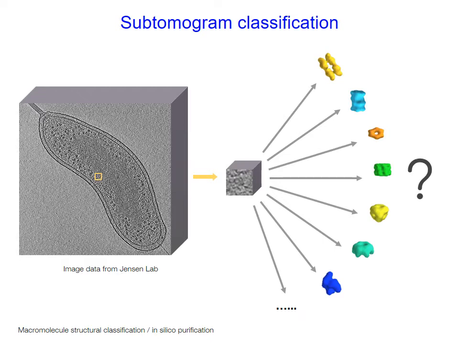The subtomogram classification is basically a supervised or unsupervised classification process to determine what class of structure this subtomogram contains.